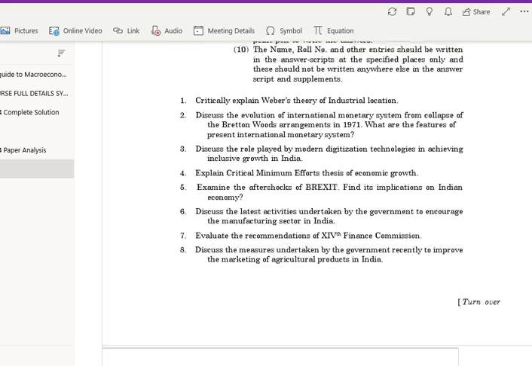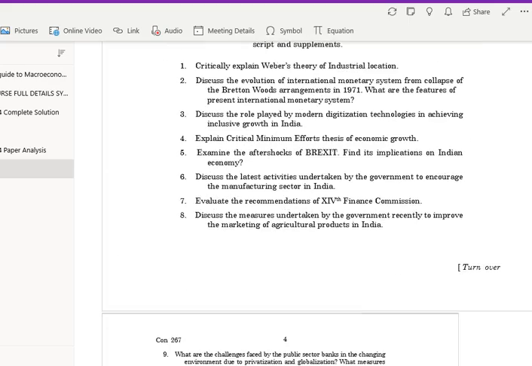Here it is given: explain the critical minimum effort thesis of economic growth. So how will one answer this? It will be a long answer, right?